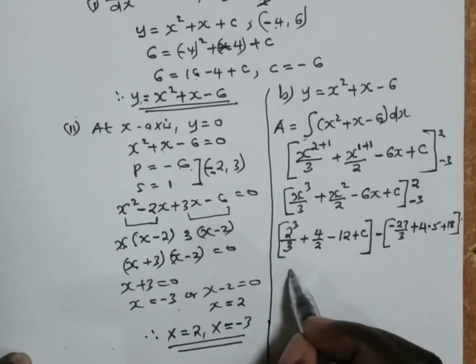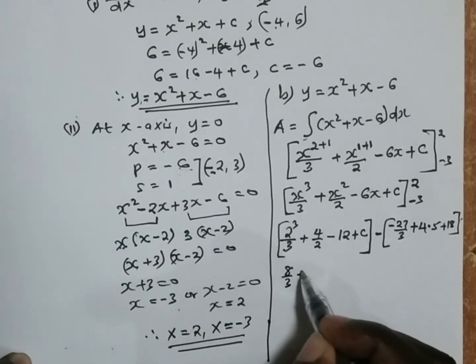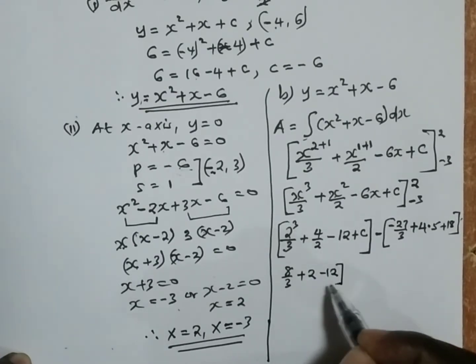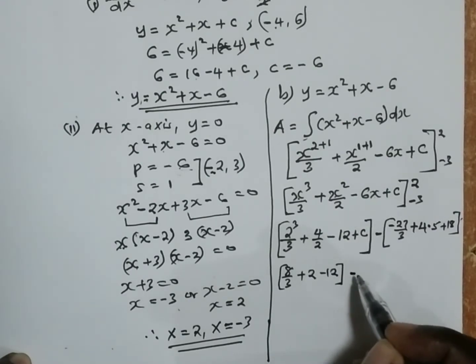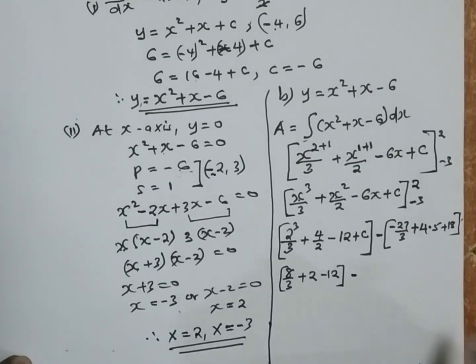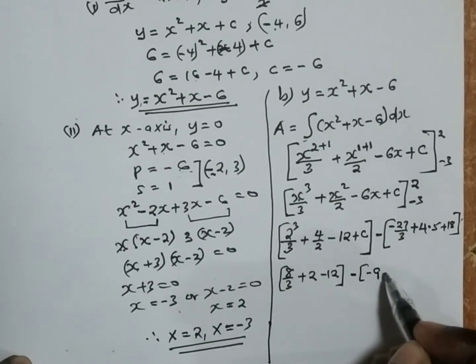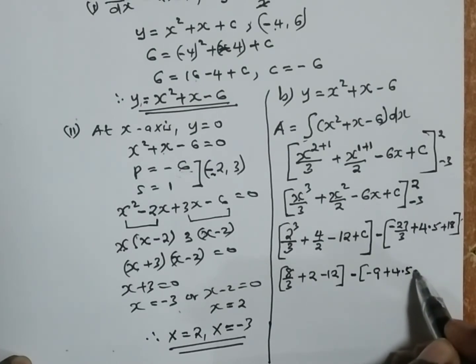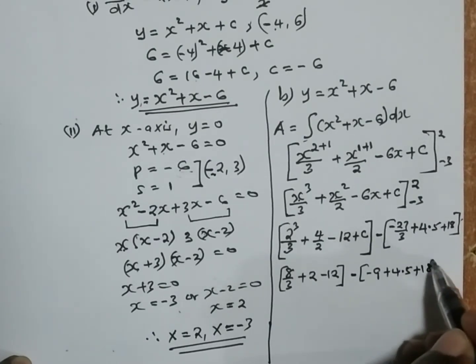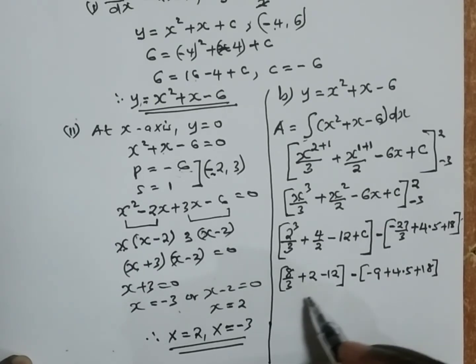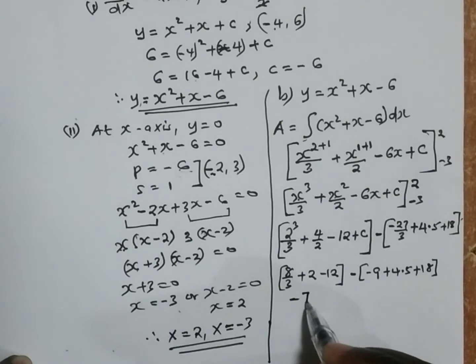So we are going to have 8 over 3 plus 2 minus 12. Then we less negative 27 divided by 3 is negative 9 plus 4.5 plus 18. 8 divided by 3 plus 2 minus 12 will give us negative 7 and a third.